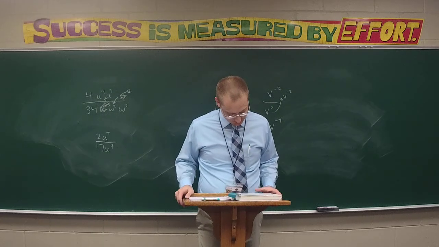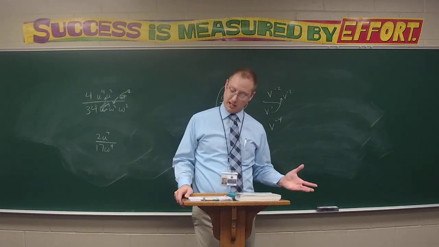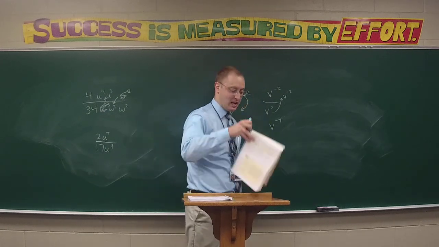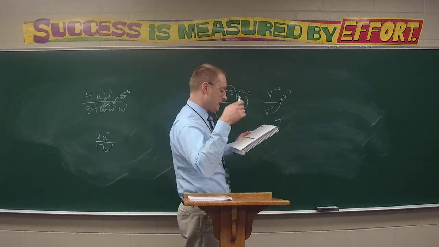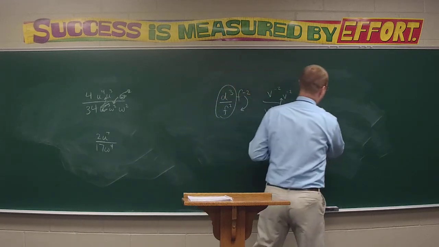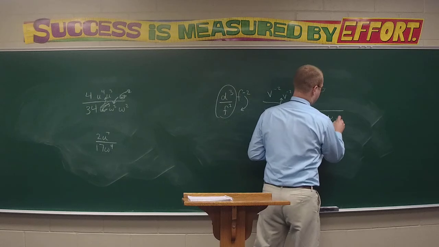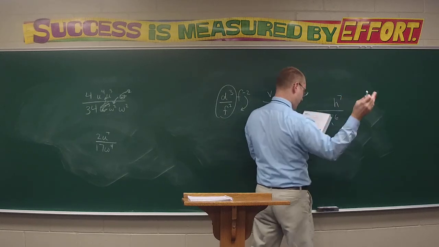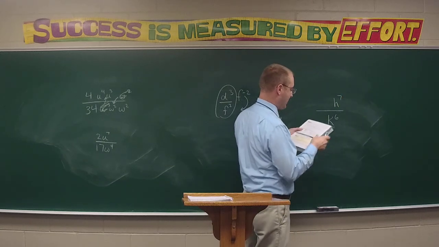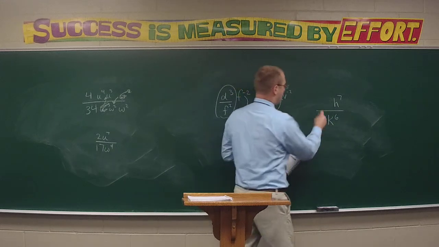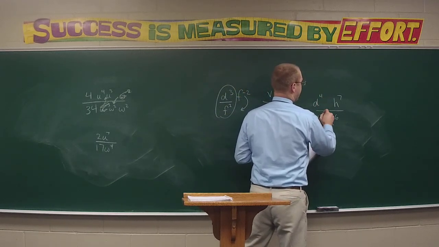d to the second, h to the seventh, k to the negative 6. Well, it said no negative exponents, so we don't want to keep that k to the negative 6th. We want to move it down where it will become k to the 6th. We'll have, of course, the h to the 7th, as you said there, because the 9 minus 2 gives you the 7. Now, here we've got a d to the 4th and a d to the negative 2nd.